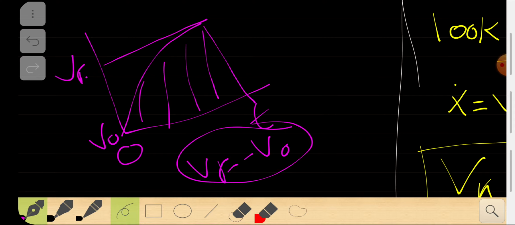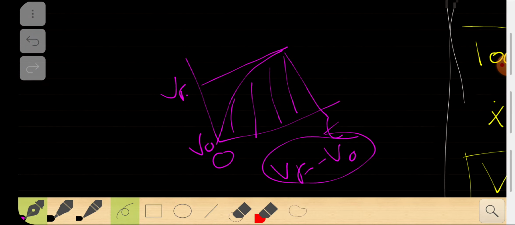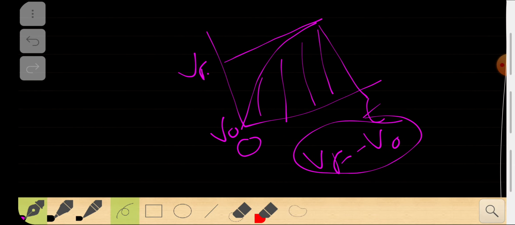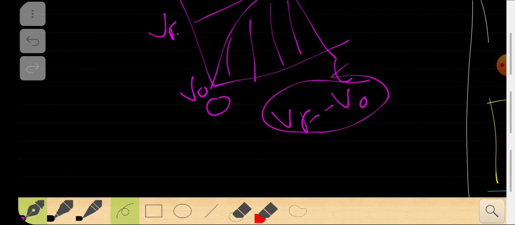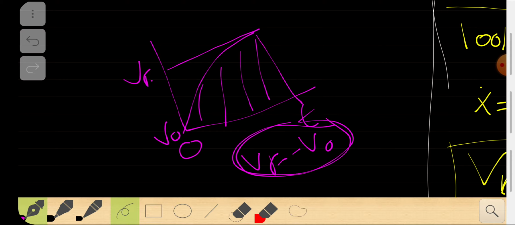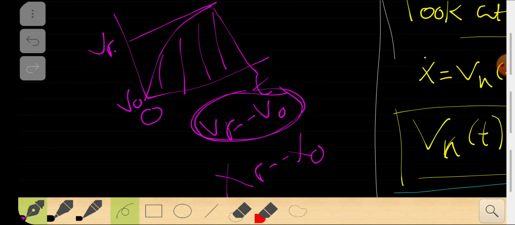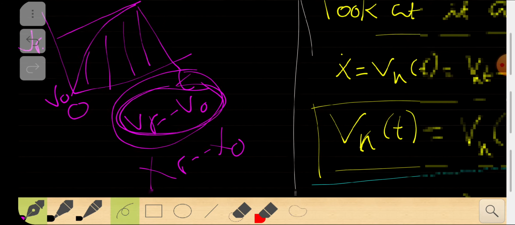If it is a position, then vf minus v0 will be the area under that curve. If it is the velocity, then the area under that curve will be displacement, so it will be x final minus x0. If it's acceleration, then the area under will be vf minus v0, remember that.